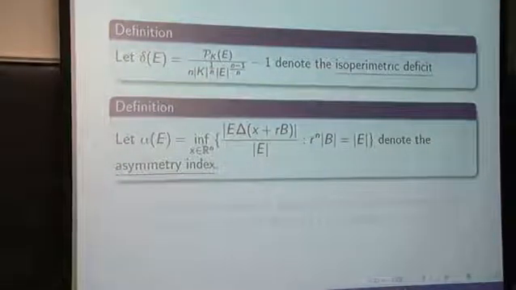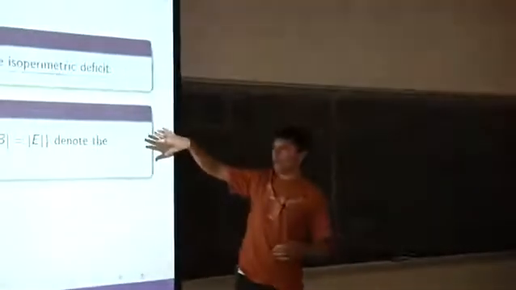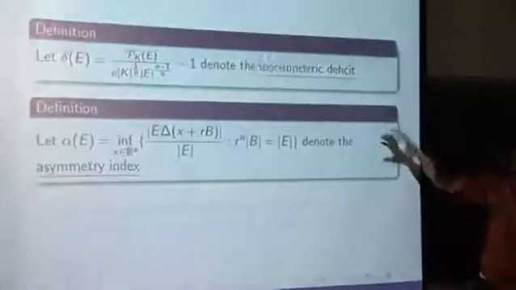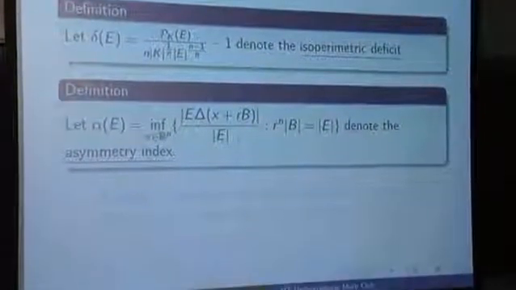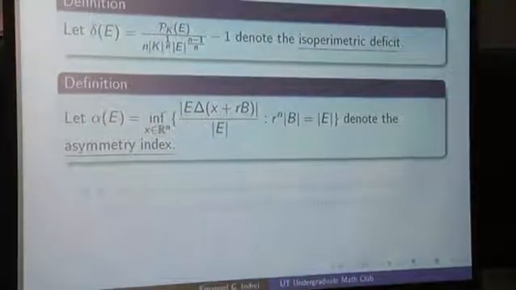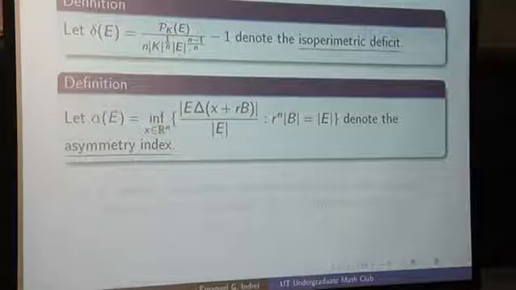Yeah, good. So what would you expect? There should be a correlation between the asymmetry index and the isoperimetric deficit, right? In some sense, as she said before with the stability thing, if delta is very small, then you're not too far away from being the optimal guy in the context of the isoperimetric inequality.